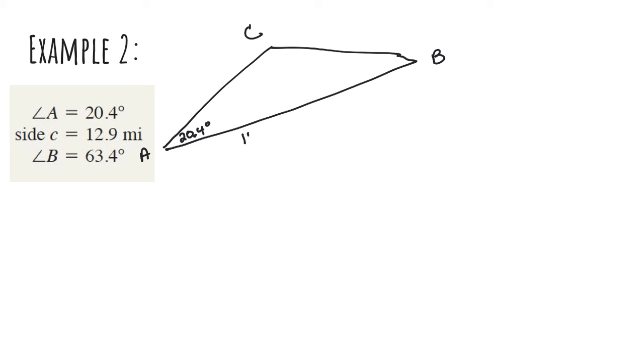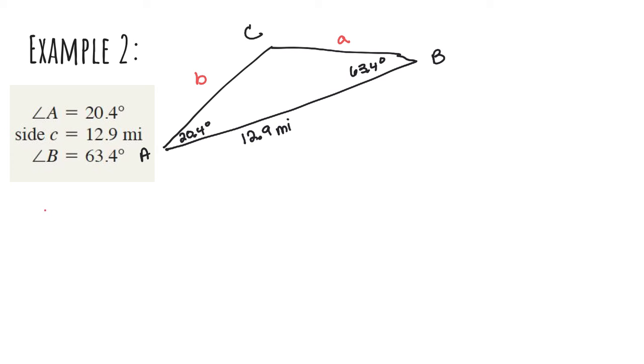It's going to be across from angle C. Angle B is 63.4 degrees. Again, we always want to remember that the capital letter and the lowercase side are across from each other. If your diagram is drawn correct, your world will be much easier.